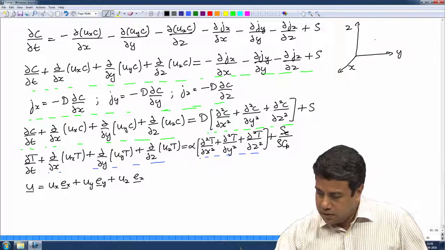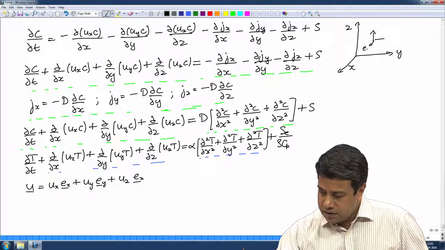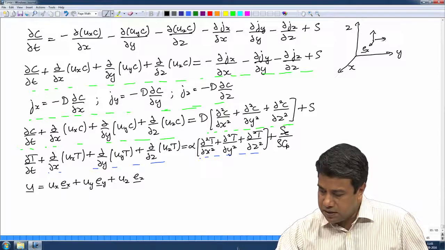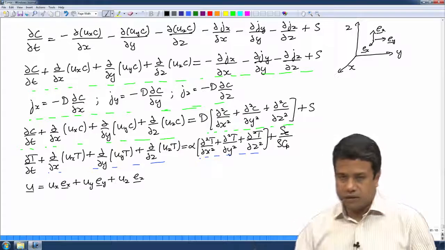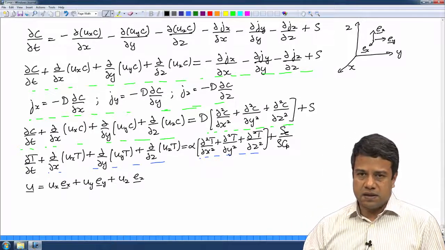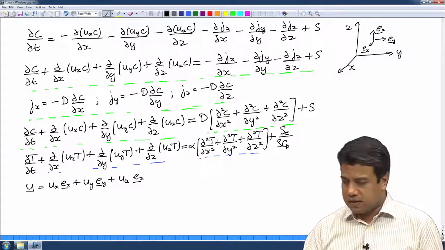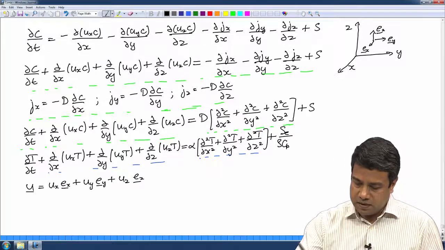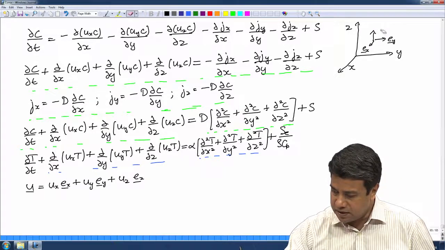The unit vectors, I will use the symbols Ex, Ey, and Ez, rather than ijk or some other symbols that you are familiar with. This notation makes it clear what exactly I am referring to.